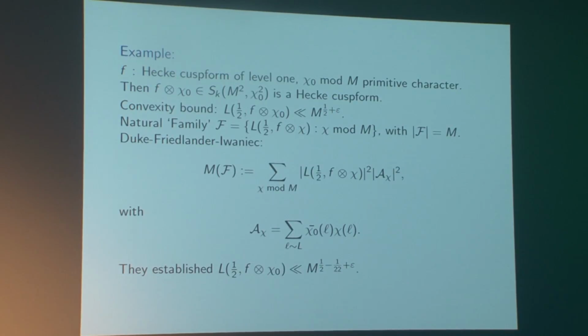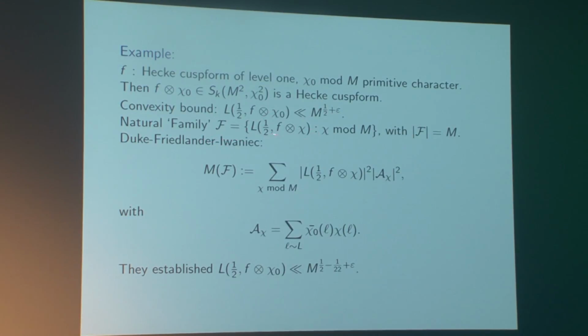So here's an example. f is a cusp form of level 1, and χ₀ is a primitive character modulo m. Then you look at f twisted by χ₀, and the convexity bound, where f is fixed and χ₀ is varying, so m is going to infinity. You want to prove a subconvex bound.